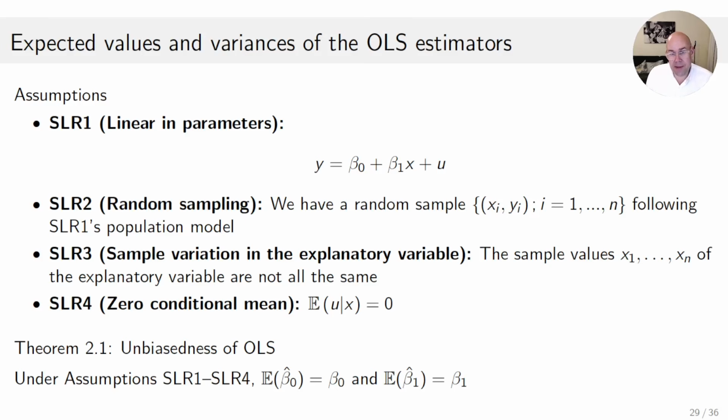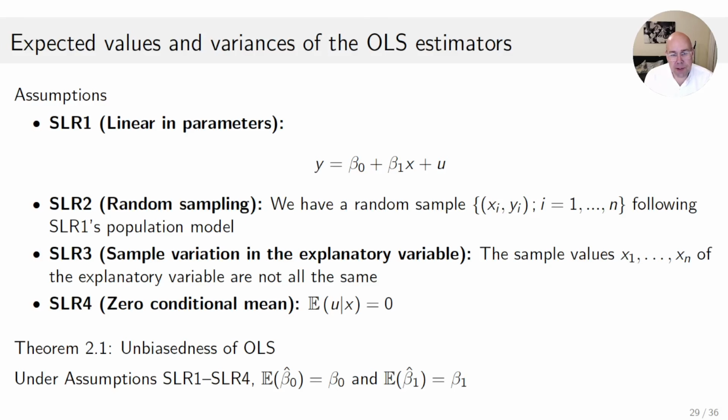You can see this because on the right hand side, x is not appearing. And the second part is that on average, u is going to be 0. And of course, it's 0 on average, but also by means of that first part of the assumption, for every value of x, it's going to be equal to 0.